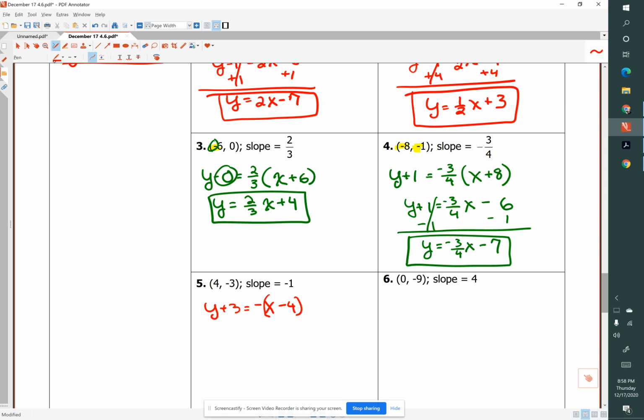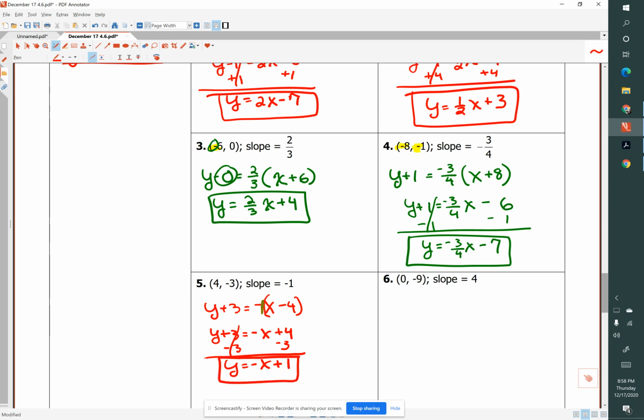So the 1 is here, but it's an invisible 1. So let's distribute. Y plus 3 equals negative x. Negative times a negative is a positive, plus 4. Subtract 3 from both sides. Y equals negative x plus 1.